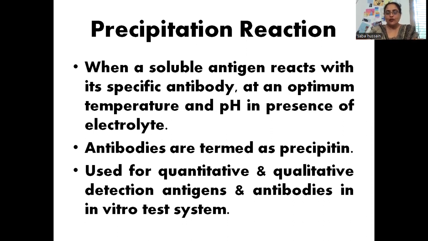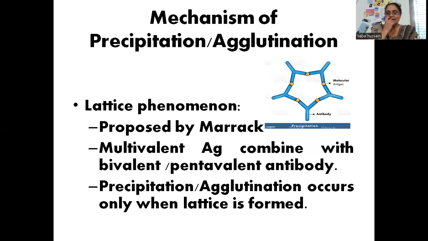And this is done for immunodiagnosis of different kinds of infections and the diseases caused by them. The antibodies used in it are also called precipitins. So precipitins in this case are the ones which are used to immunoprecipitate. You should remember that these antibodies are precipitins. And by this precipitation reaction, we can study quantitative as well as qualitative detection of antigens and antibodies in the in vitro test system itself.